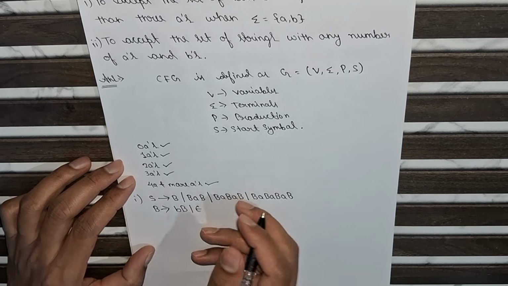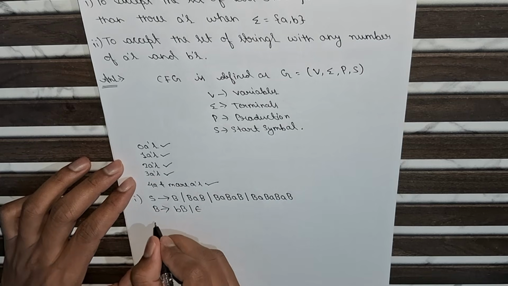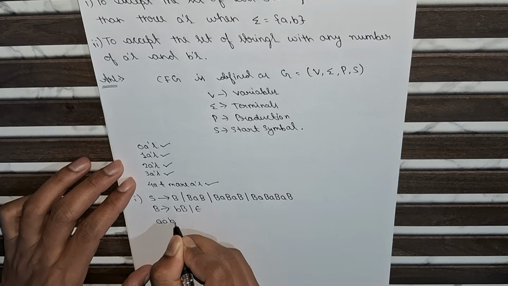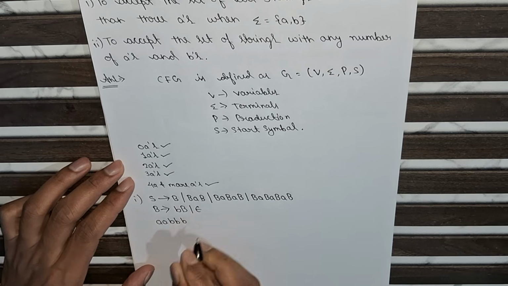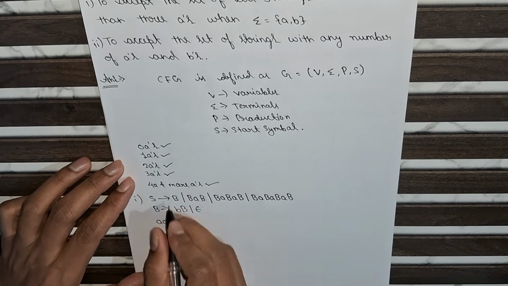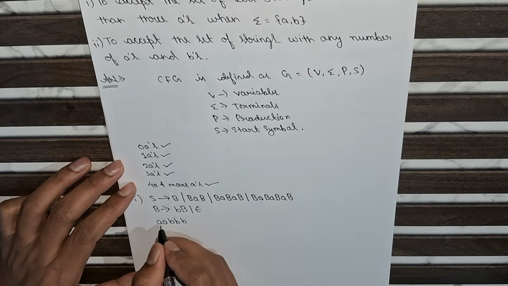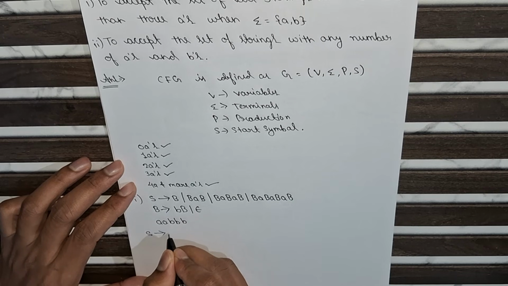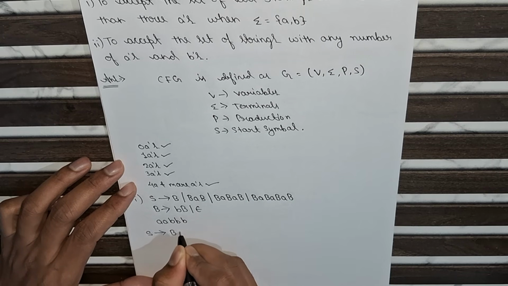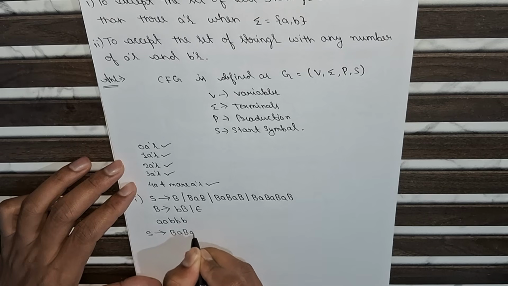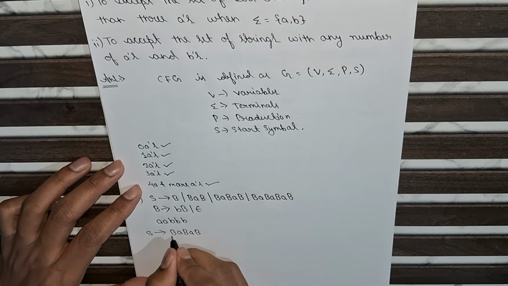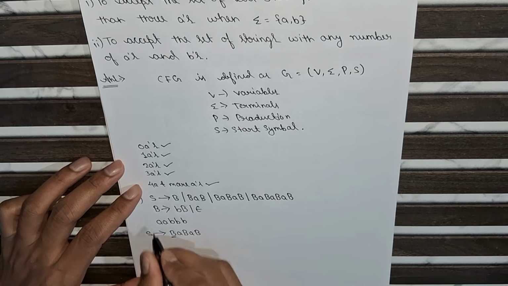Let us take an example for better understanding. So here we take A, B, and B. How will we trace this? We will see according to this context-free grammar. Firstly, we will put the start symbol S as B A B A B. I will put this B as an epsilon because before that there is no b.